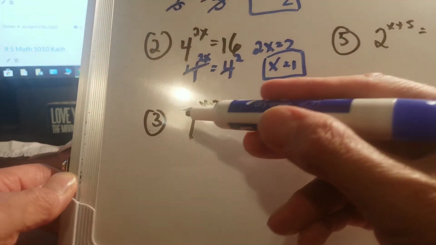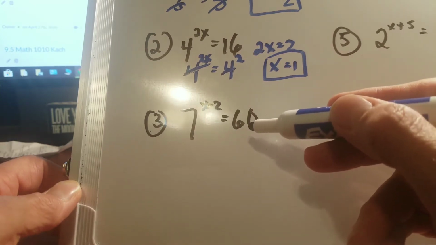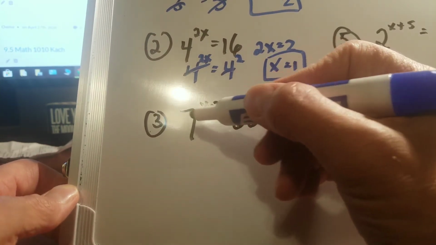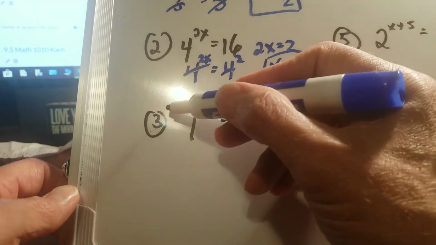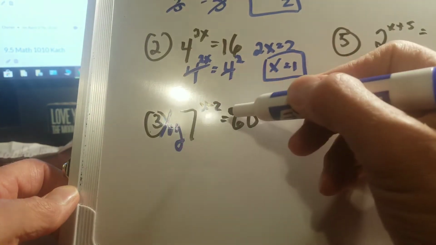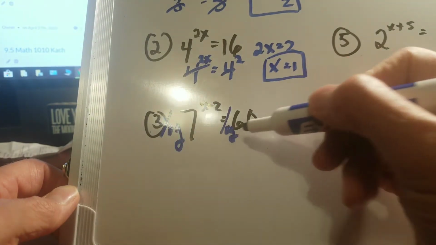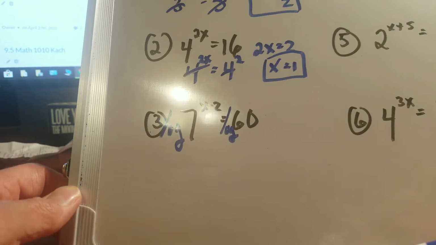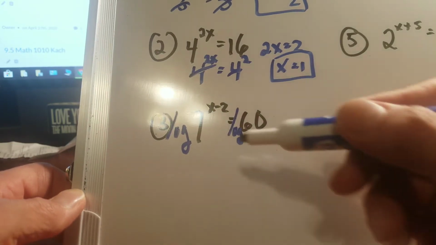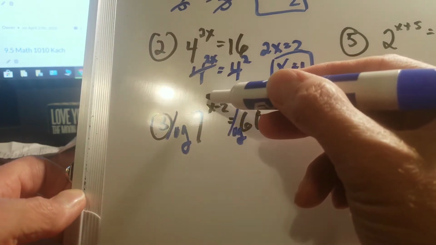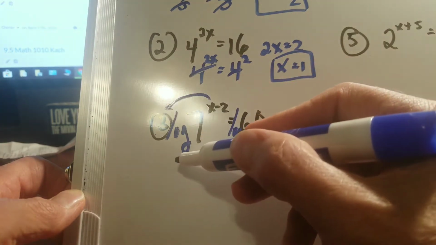Now what happens if you cannot convert these bases? Okay, so what you can do is you can use something I taught you, the log. You can put log in front of each side. Okay, now, if you have log over here, that means that this exponent drops down to the front.